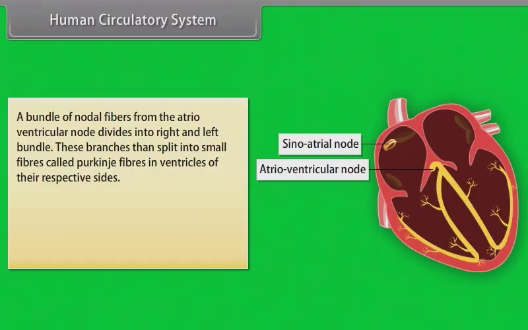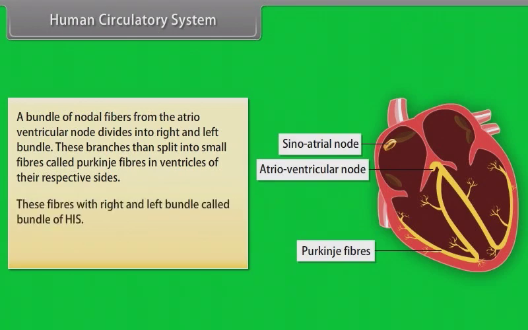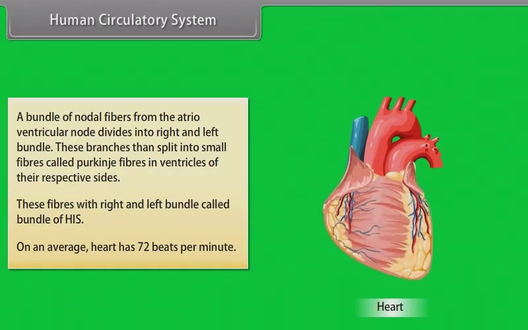These branches then split into small fibers called Purkinje fibers in the ventricles of their respective sides. These fibers with the right and left bundle are called the bundle of His. On average, the heart has 72 beats per minute.